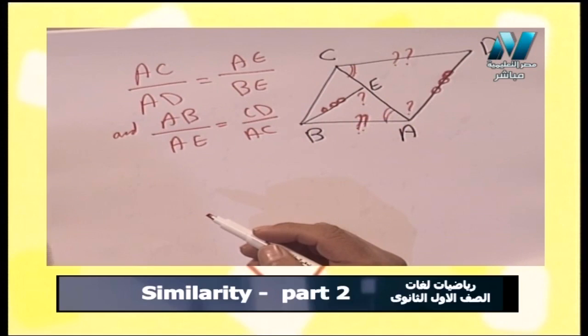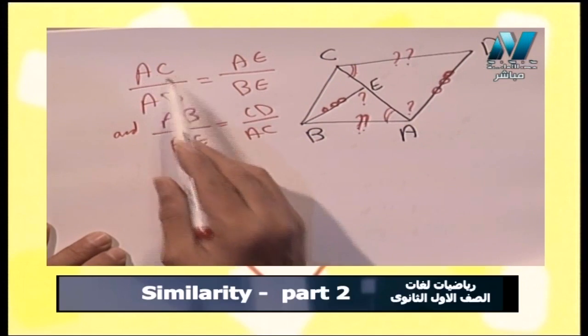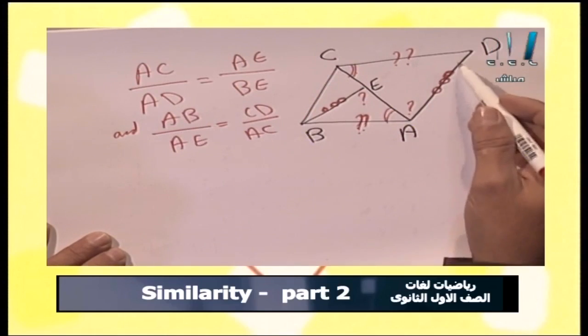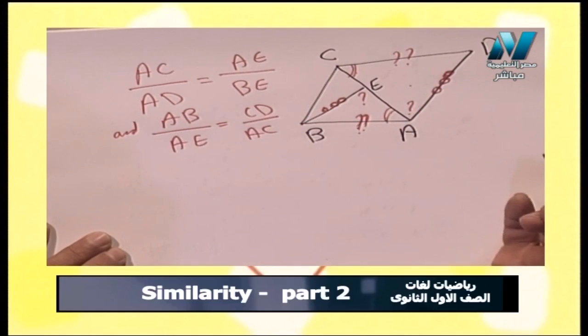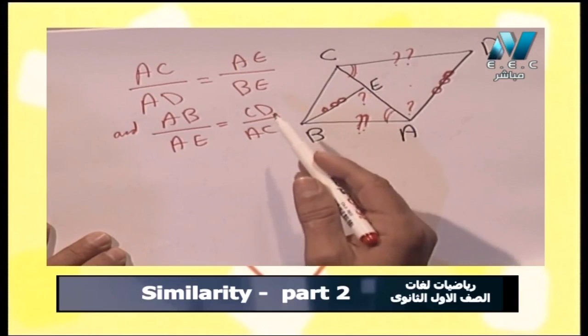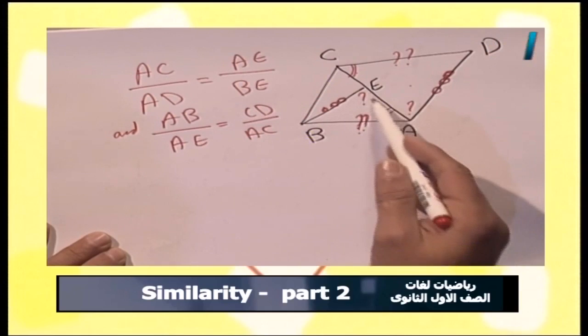So look at these two ratios here. Where is AC? AC here and AD here are in the same triangle. What will we do? And AE here over BE, the same triangle also.